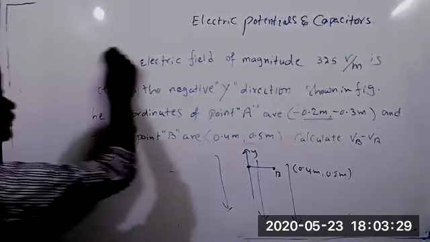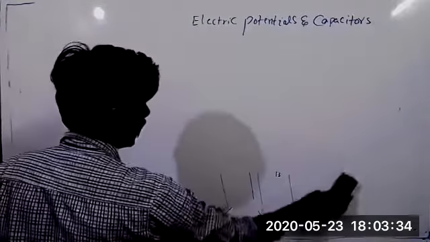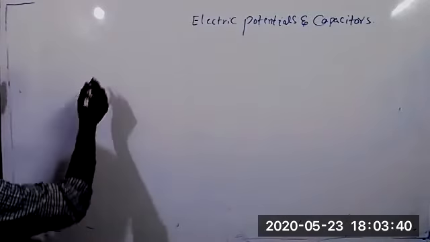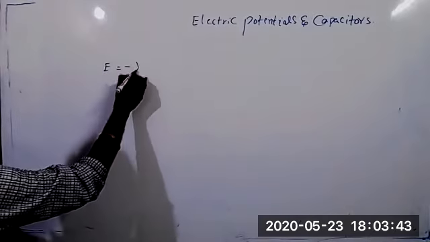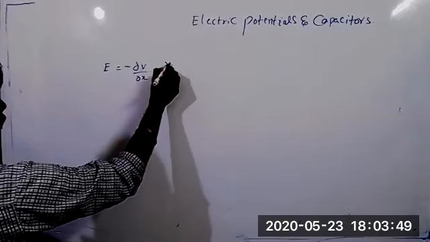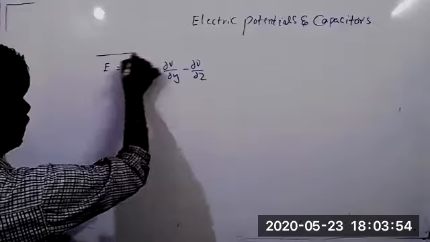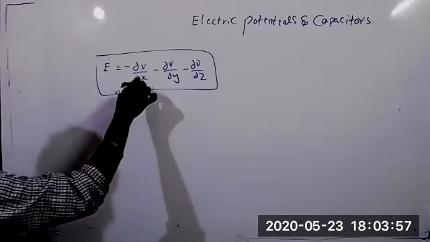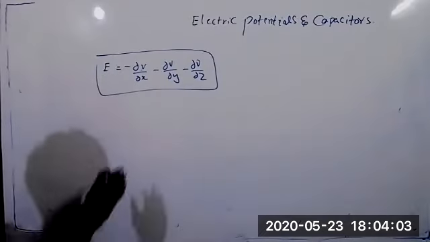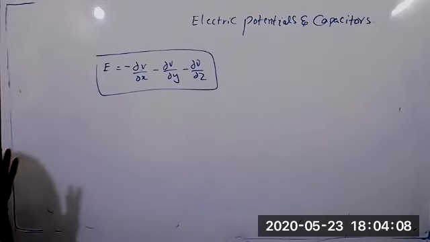Now see, if they have given potential and ask to calculate the electric field, which is a vector quantity, we know minus dou V by dou X, minus dou V by dou Y, minus dou V by dou Z. Remember this formula. Immediately when they have given potential and ask you to calculate the electric field, this is the formula. When you are reading the question, if they have given potential, you should immediately remember that.